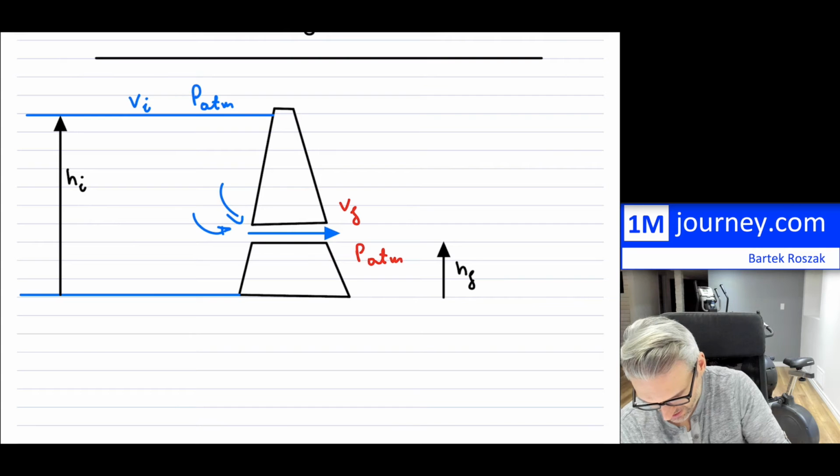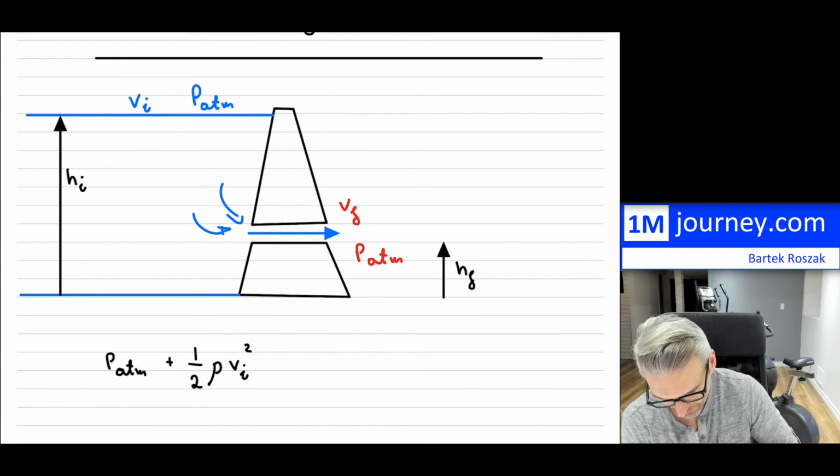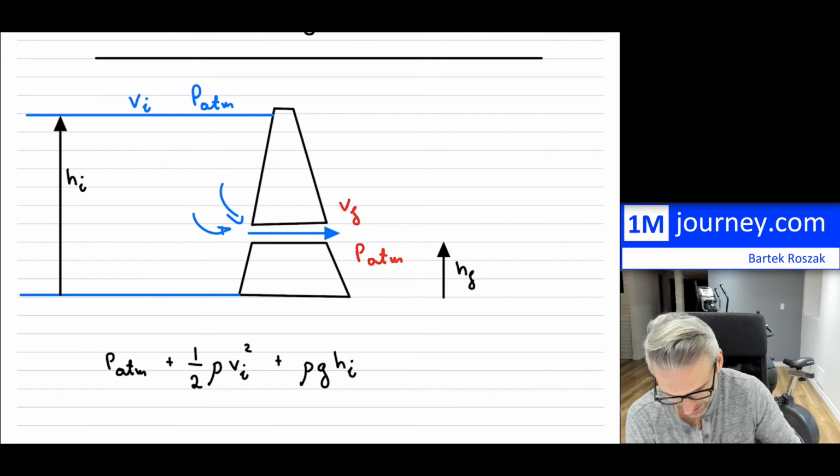So what that tells us is that we will have P atmospheric, plus, from Bernoulli's equation, 1/2 times the density of the fluid itself. It could be water, I'm just going to leave it at density for the moment. Then times the actual speed, so this is going to be V_I squared, plus the term related to the fluid at a particular height, so times g, and then times h, and I'm going to call this h_I right there.